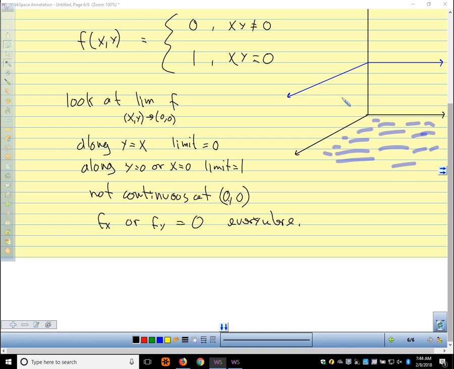So for multivariable functions, we need some other definition. We need a different definition of differentiability.